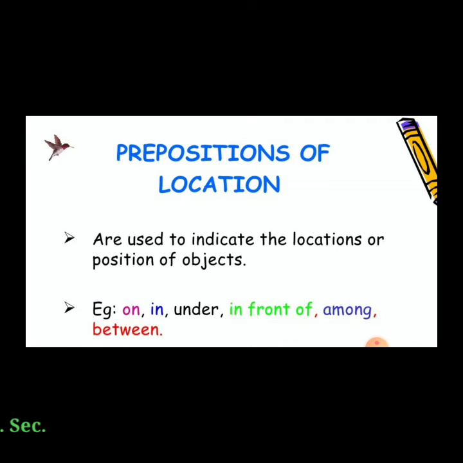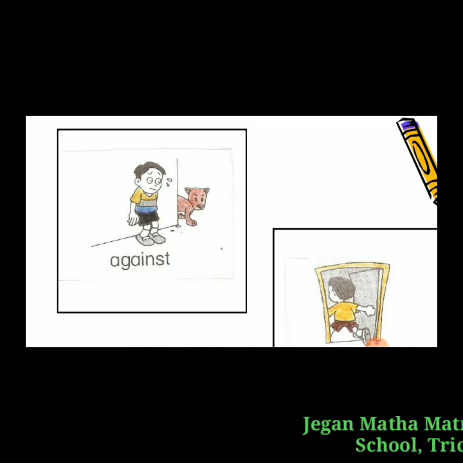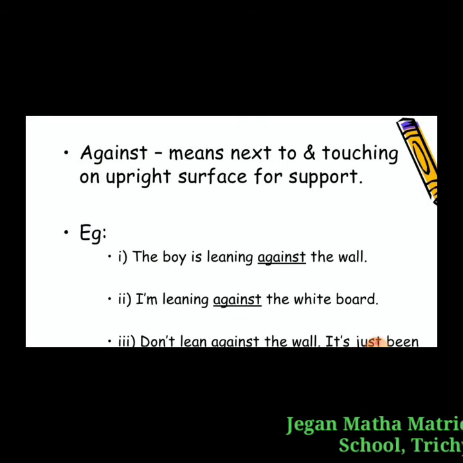Next, prepositions of location are used to indicate the location or position of an object. For example, on, in, under, in front of, among, between. These are prepositions of location. Against means next to or touching an object's surface for support.